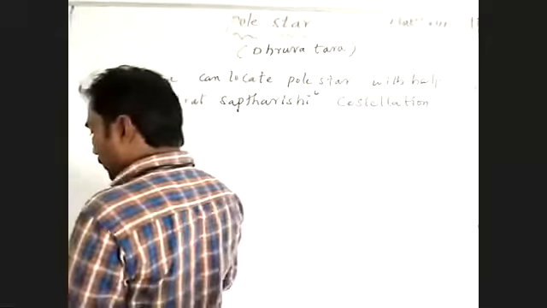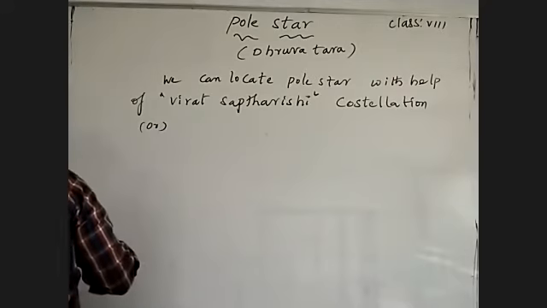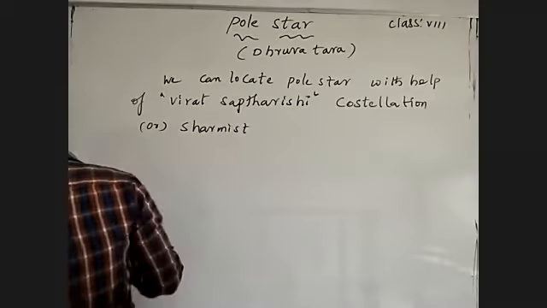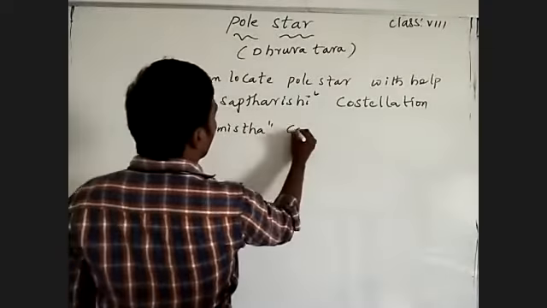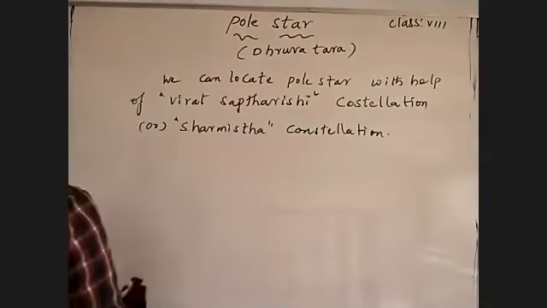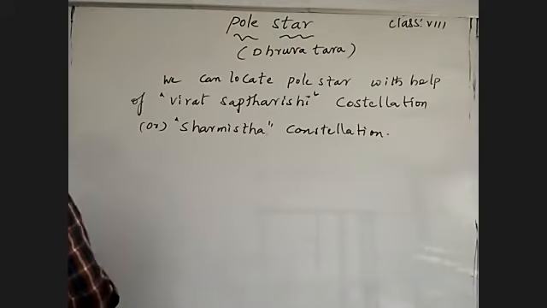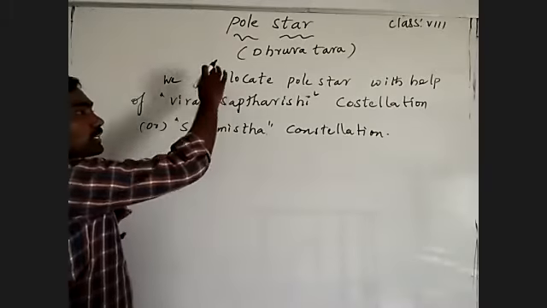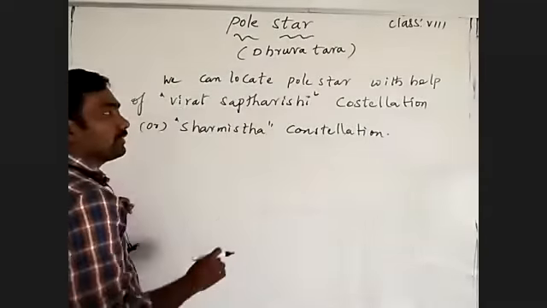Virat Saptarishi is a constellation, or otherwise we can call it the Sharmistha constellation. Both these constellations appear in the north part of the sky. Otherwise, the pole star can be located by using Saptarishi or the Sharmistha constellation.